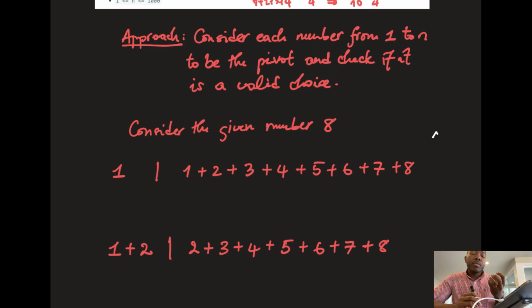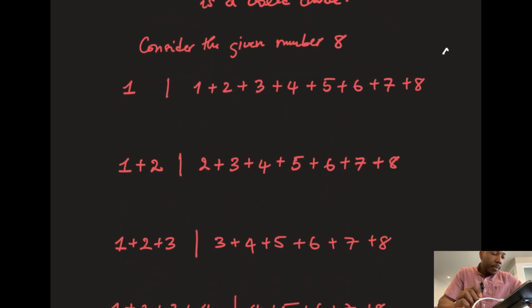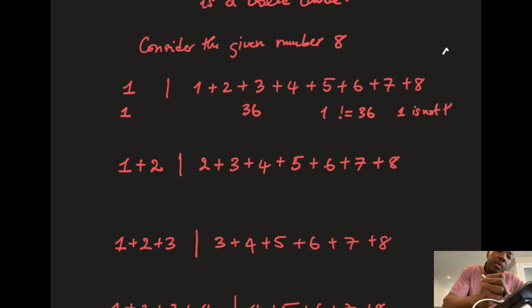We can validate if a number is the pivot by checking the sum of the numbers from 1 to the number and the sum of the elements from the number to n. So let's take the example of 8. If we consider 1 as the pivot, the first sum is 1, and the sum of 1 to 8 is 36, if I'm not mistaken. 1 is different from 36, so 1 is not the pivot.